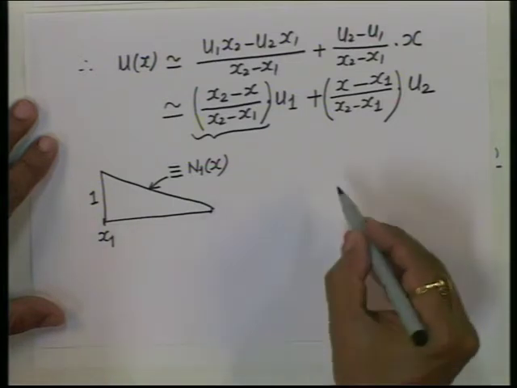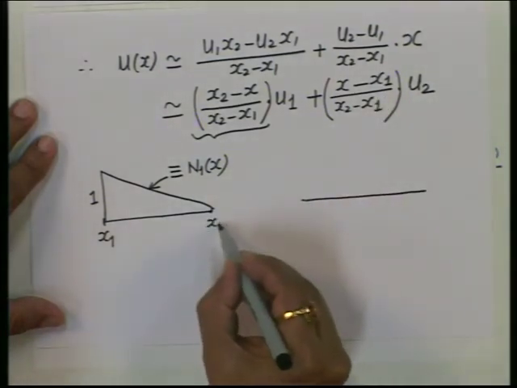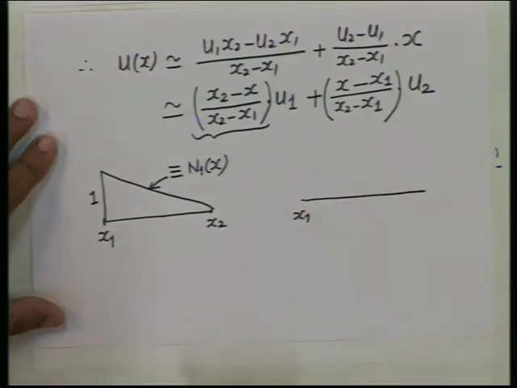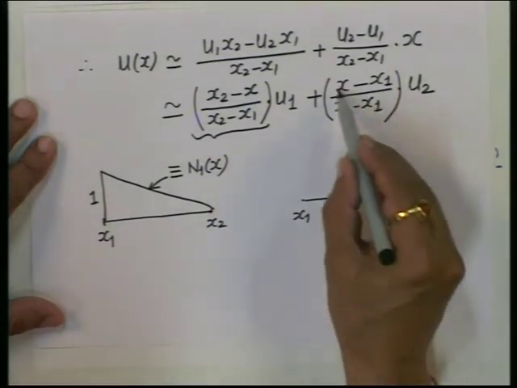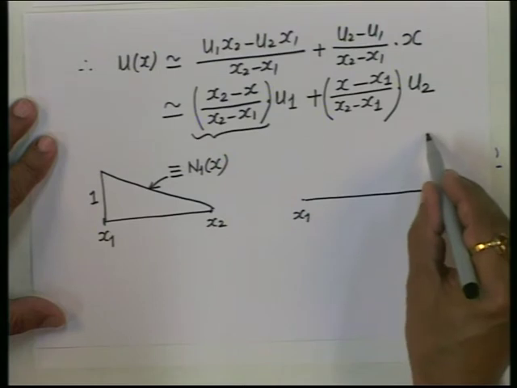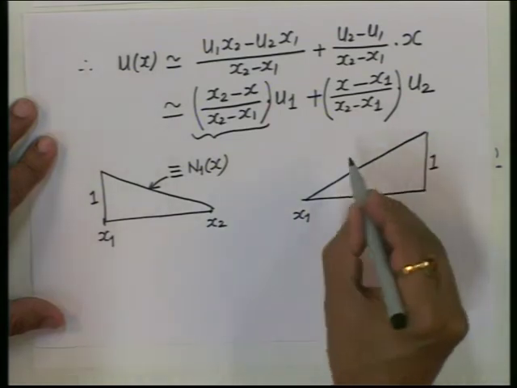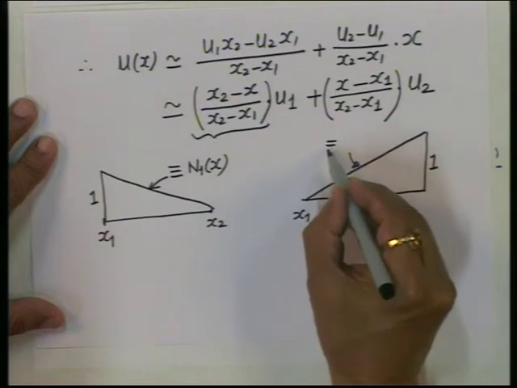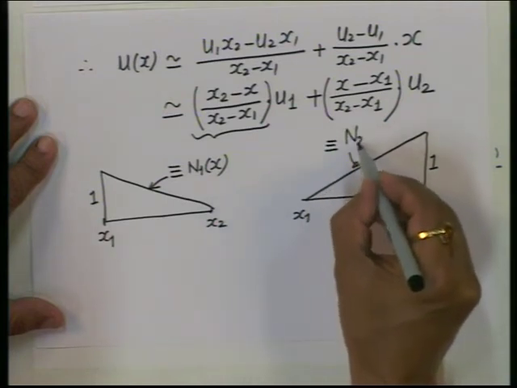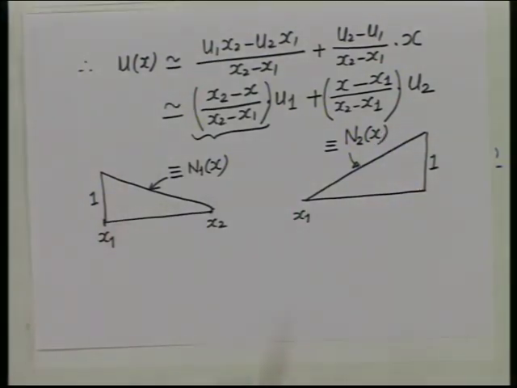Now, here the same thing, you come to the second bracket. When x equals x1, what is the value? x1 minus x1, 0. When x equals x2, it is equal to unity. So, again this is unity, and this is nothing but N2(x), the shape function for node number 2.